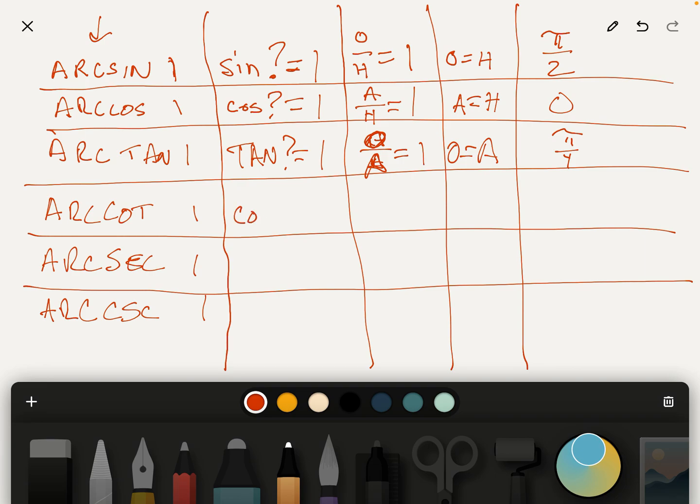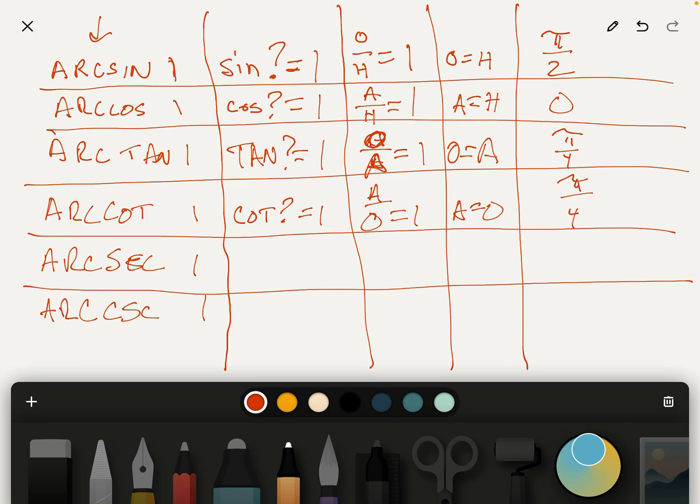Here we have, when does the cotangent equal 1? What angle are we looking at? Well, that means, again, it's just the reciprocal. A over O equals 1. Again, A equals O, so same thing, pi over 4.